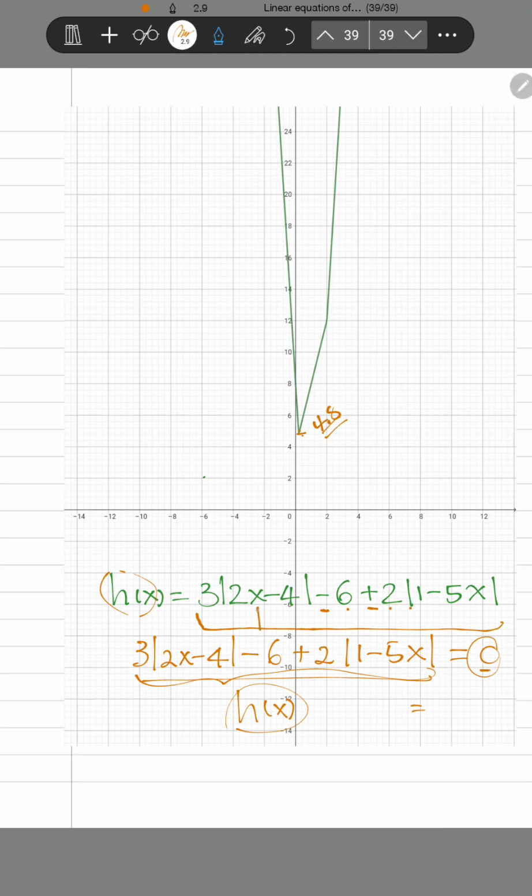Remember, to find the minimum of this graph, we cannot say that this part and this part are both 0. No, we cannot, because these two variables are changing together, since they are just one function now, h of x.